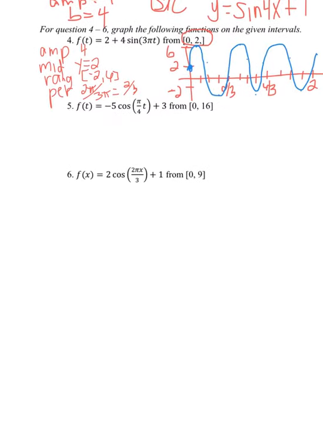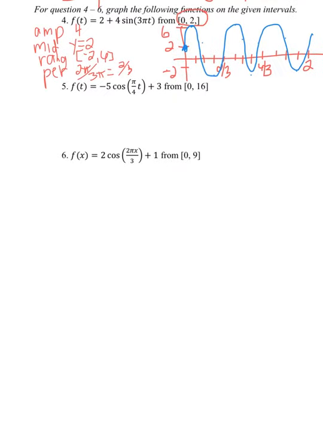Okay, for number 5, we need same information. The amplitude, the midline, range, and period. So for number 5, the amplitude is 5. The midline is y equals 3.